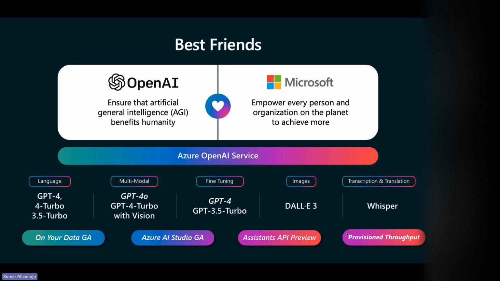This is the mission of OpenAI as well as Microsoft. Throughout this process, we continue to offer more services for customers to use Azure Cloud so that they can securely build, develop, and deploy these chatbots and other AI technologies in Azure Cloud.